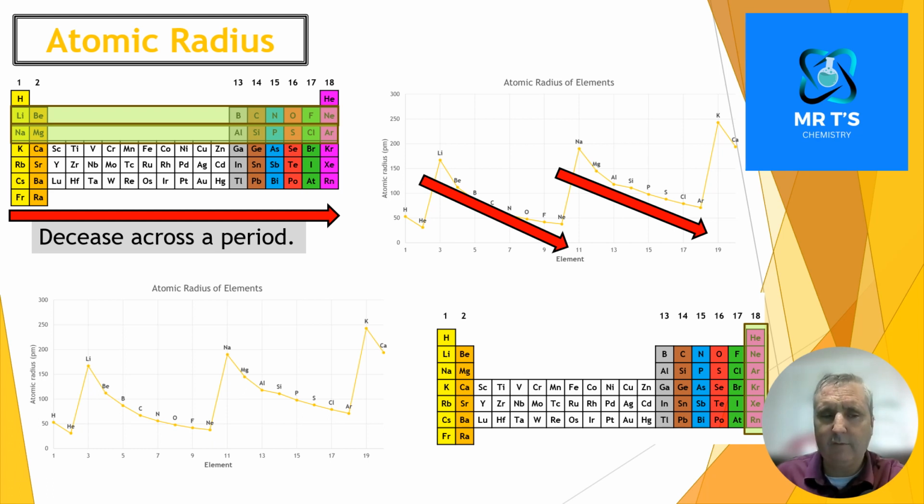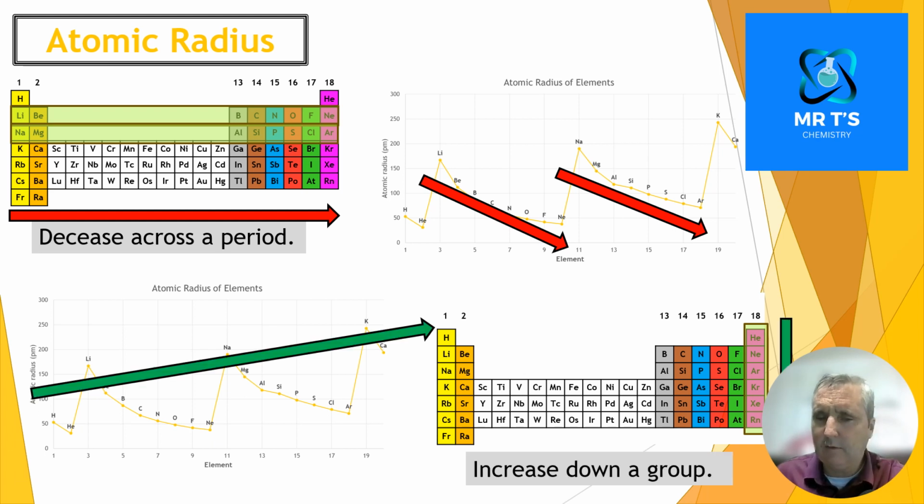As we go down from lithium to potassium, we also see an increase in atomic radius. So down a group, we get an increase in atomic radius, but across a period, we get a decrease. Now, we're going to have to explain the reasons for this, and we will in the next couple of slides.